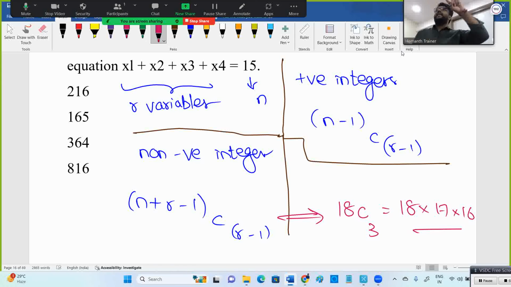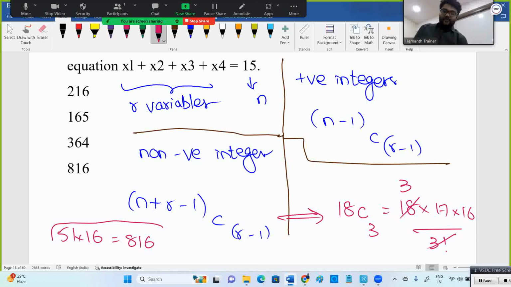Actually, NC2 means n into n minus 1 divided by 2 factorial. But 3 factorial here means 6. 6 3 times here. 3 into 17 is 51. 51 into 16 is 816.